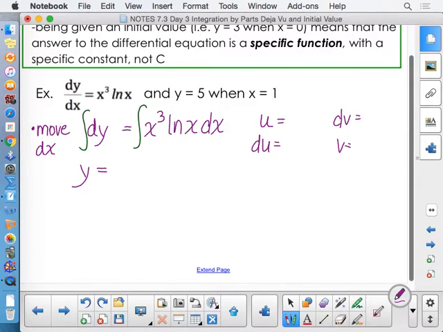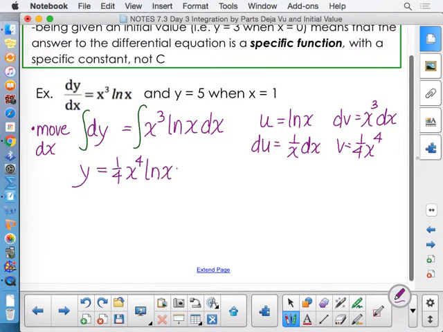Okay, always choosing the natural log if it's available as our u, and our dv then is going to be that x cubed dx, which really means we've got a 1/4 x to the 4th as our v. Again, pause and do whatever you need to so that you can work these through. We get there's just plugging into our parts.